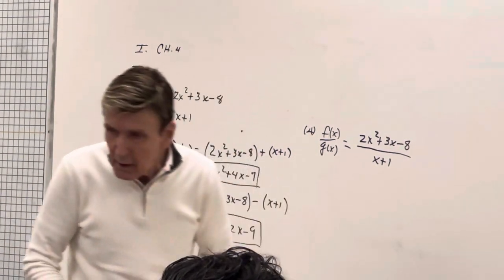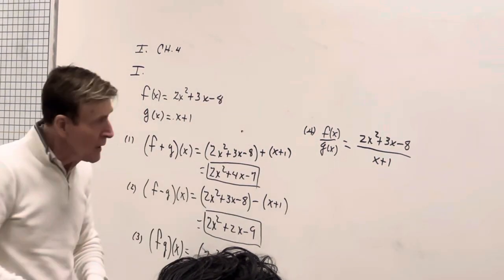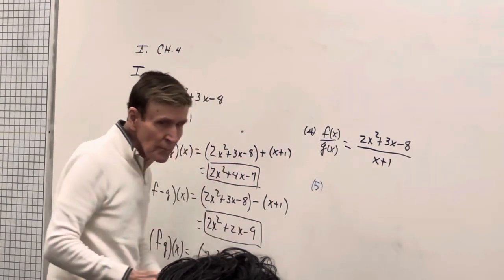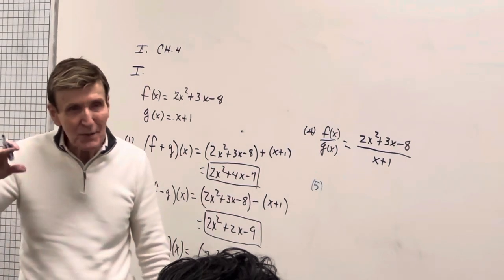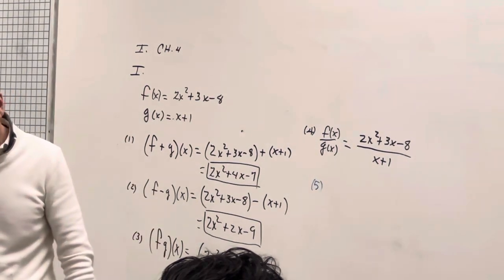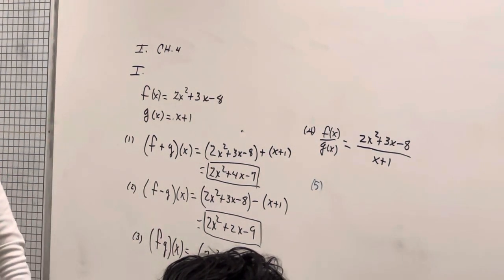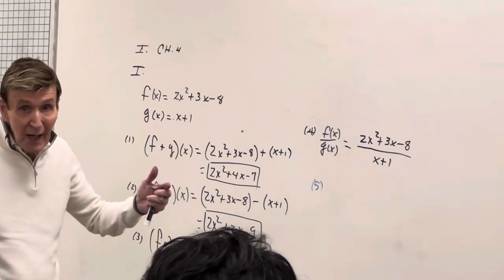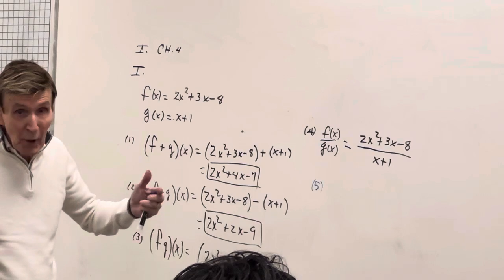Now, seems like though, the next one, number 5, in blue here, asked me to do something else with the function. Not add, subtract, multiply, divide. That's too elementary. And they're using a symbol to indicate what they want. Not a plus sign, not a minus sign, not a product.